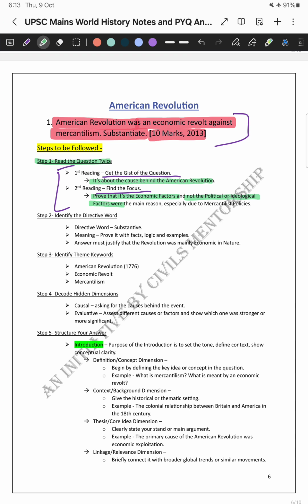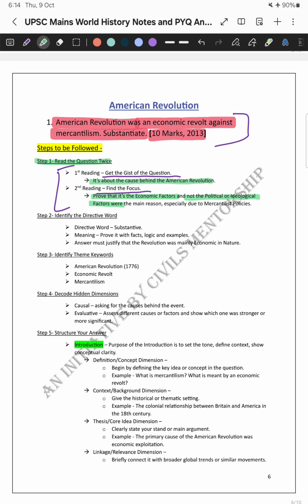You need to prove that it's the economic factors and not the political or ideological factors that were the main reason, especially due to mercantilist policies. I hope you understood that when you see the question, don't just start writing the answer.